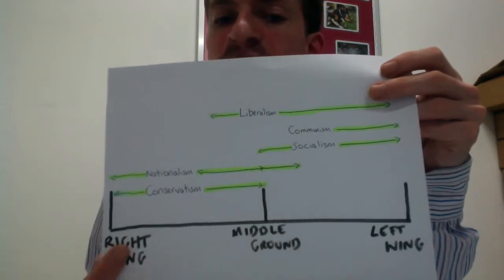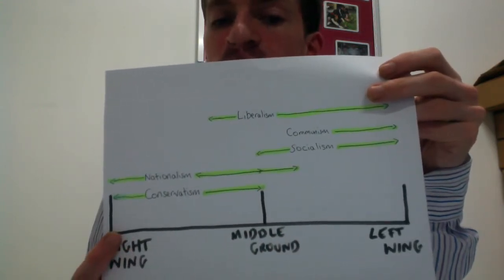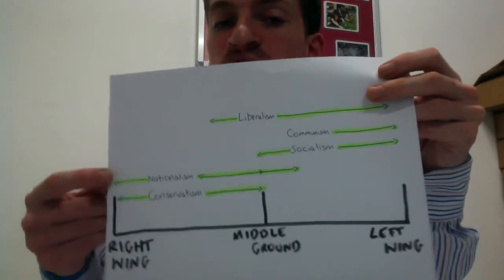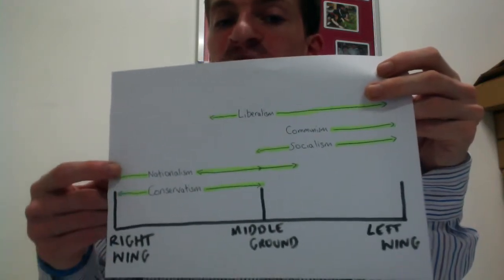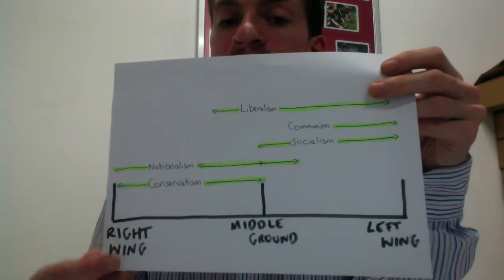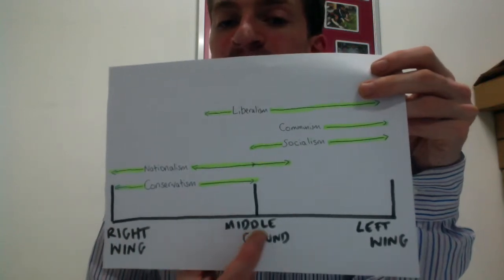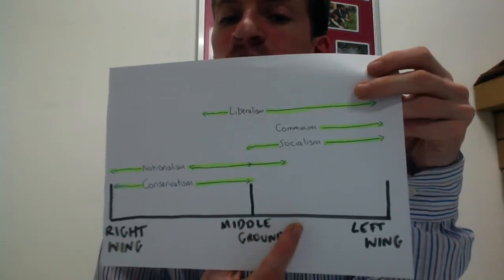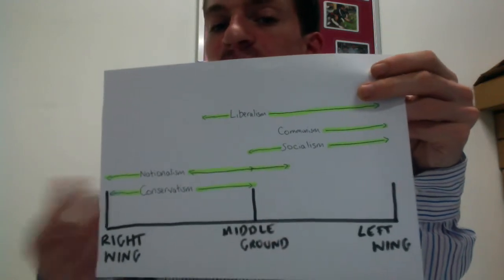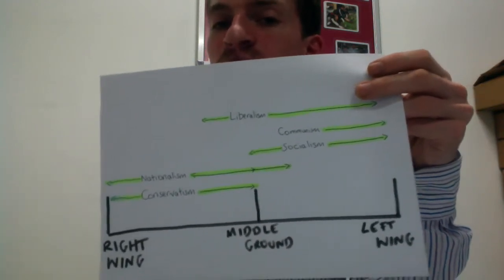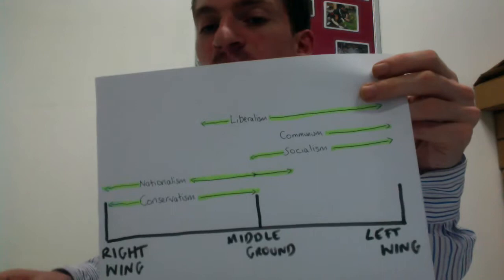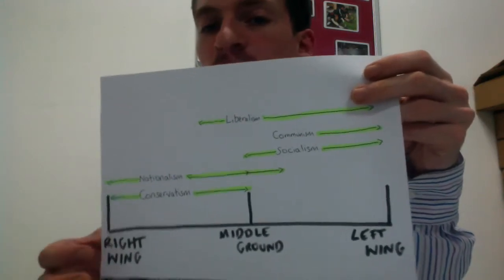Nationalism obviously starts off within the right-wing section, so this is your extreme parties, and this is where you see racism and things like that. And it goes across the middle ground and kind of moves over slightly towards the left wing, because ultimately nationalism is about love for one's country, and you can't say, oh well, if you're not right wing then you can't love your own country.